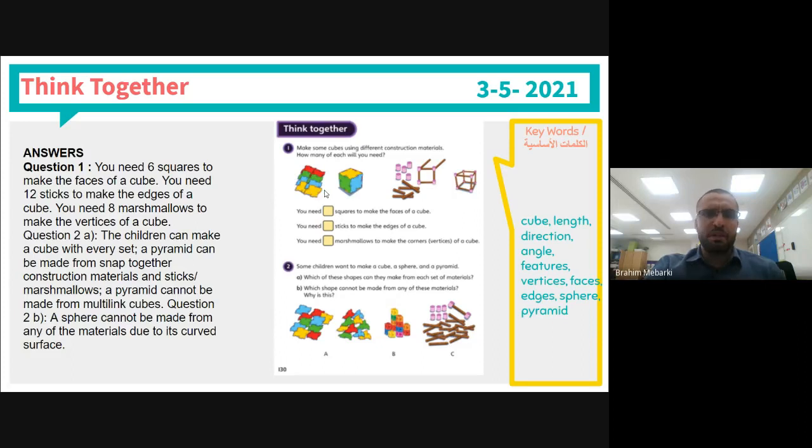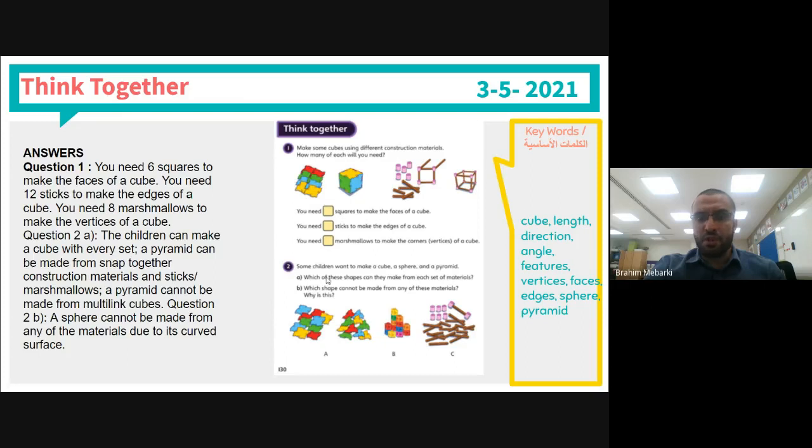These squares can be made out of paper, cardboard, or whatever. And you need sticks, and you need marshmallows. If you don't have marshmallows, you can use Play-Doh as well. How many squares do you need to make the faces of a cube? How many sticks to make the edges of the cube? And how many marshmallows to make the corners or vertices of a cube?